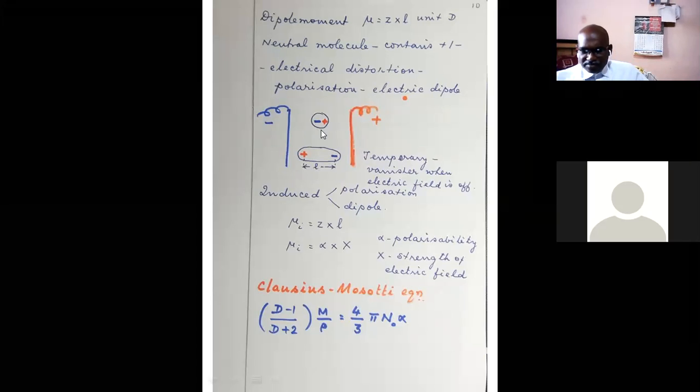Because when it is off, they are closer. When it is on, they are separated. But the separation is a function of the electric field applied between these two plates. Therefore, when the strength of the electric field is high, the separation will also be high. Therefore, the induced dipole moment is equal to alpha into X. Alpha is the polarizability.